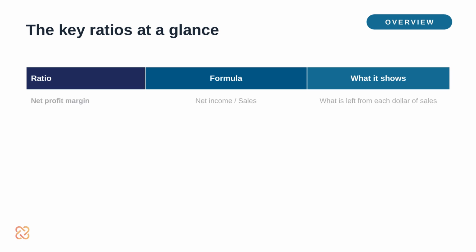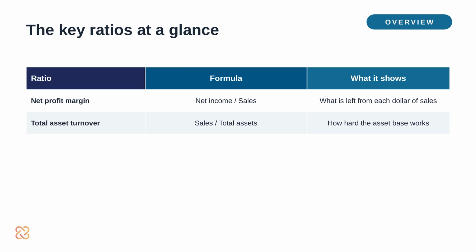Let's put the ratios side by side. The net profit margin, net income over sales, shows what is left from every dollar invoiced. For Nordwind, 5%. Total asset turnover, sales over total assets, shows how hard the assets are working. 1.5. Return on assets, the first two combined, relates net income to the assets.